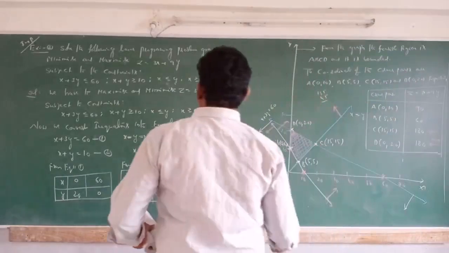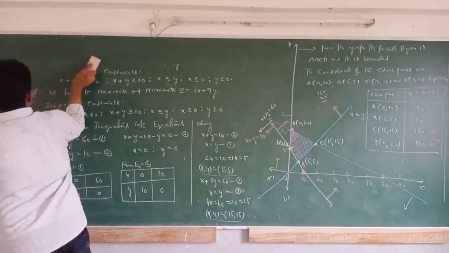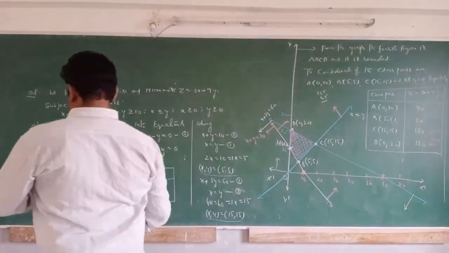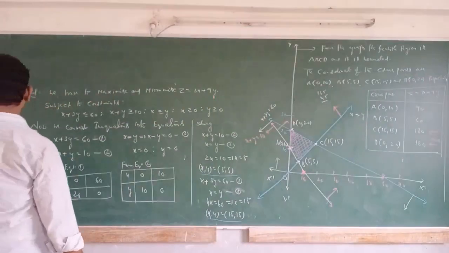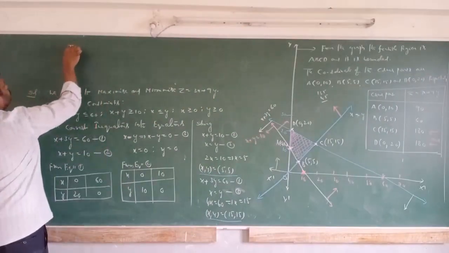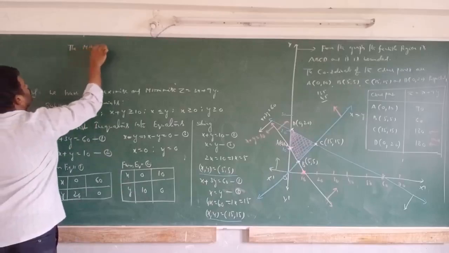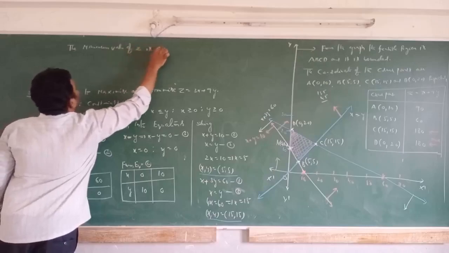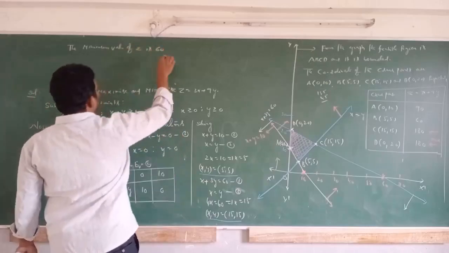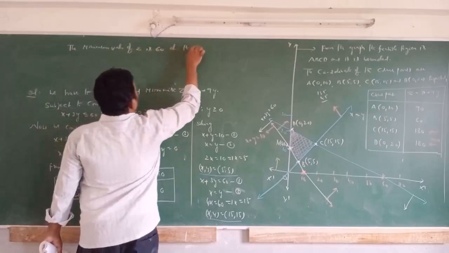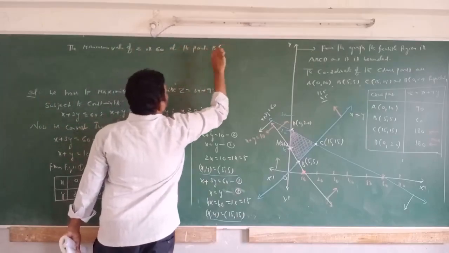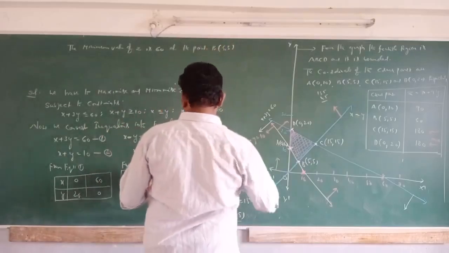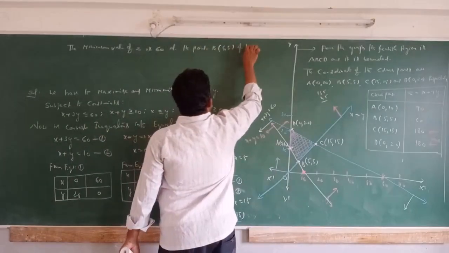So finally, the conclusion from the graph: the minimum value of z is 60 at the point B of 5 comma 5 of the feasible region.